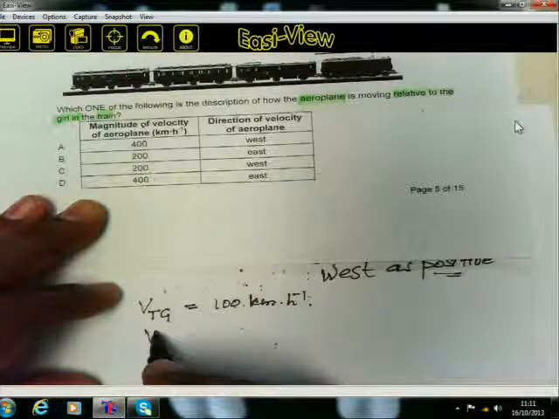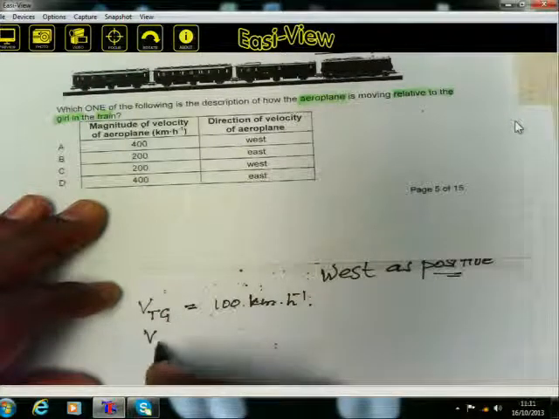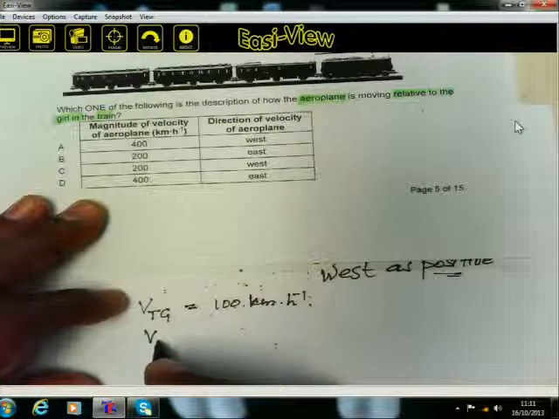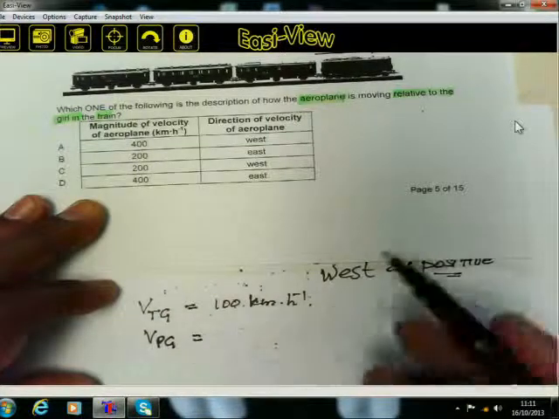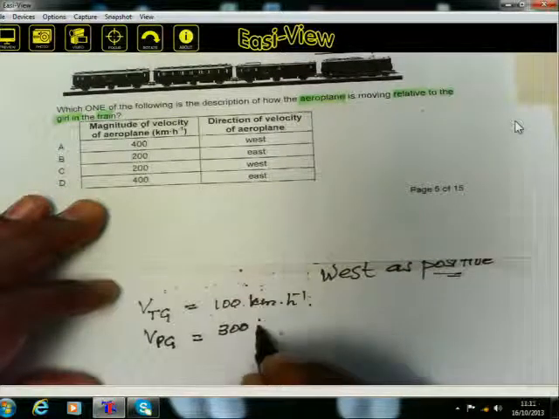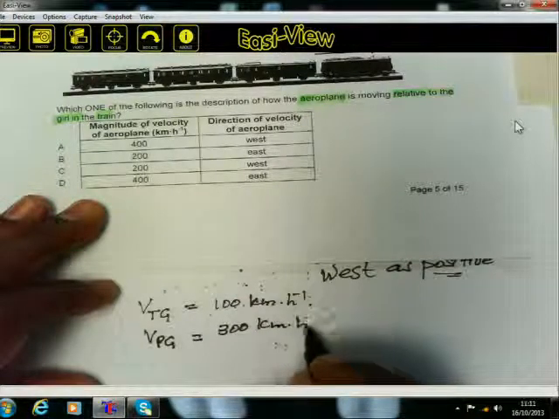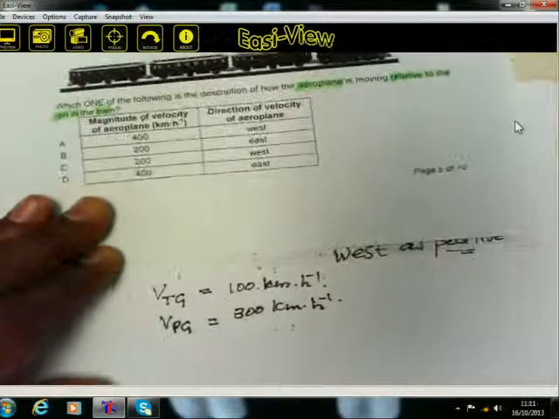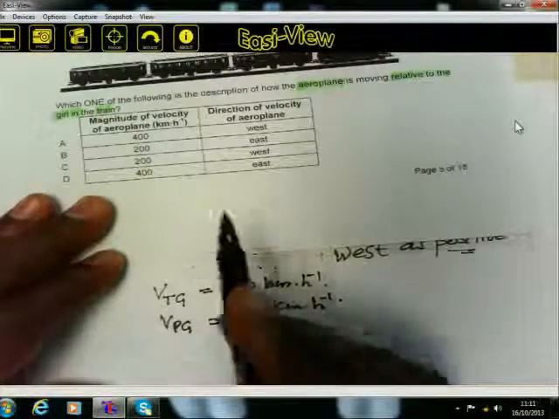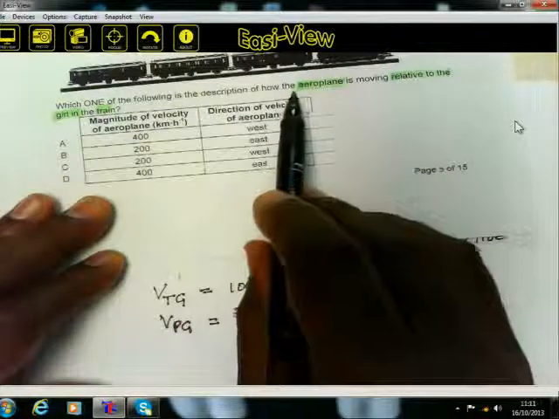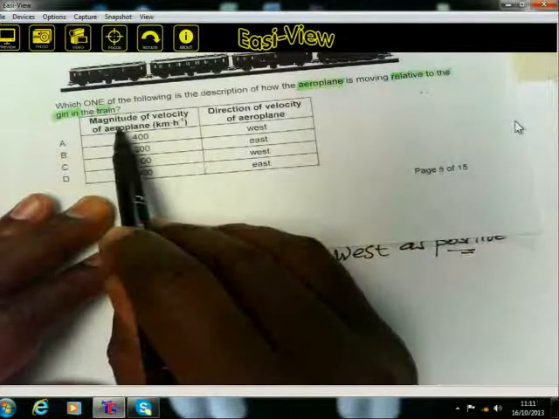The velocity of the plane, can I say plane or aeroplane, P, to represent the plane relative to the ground. And now, let's write it as 300 kilometers per hour. Now we are required to find the description of how the aeroplane is moving relative to the girl in the train.